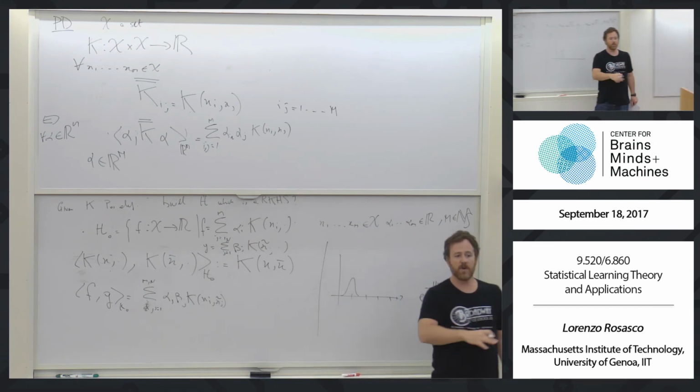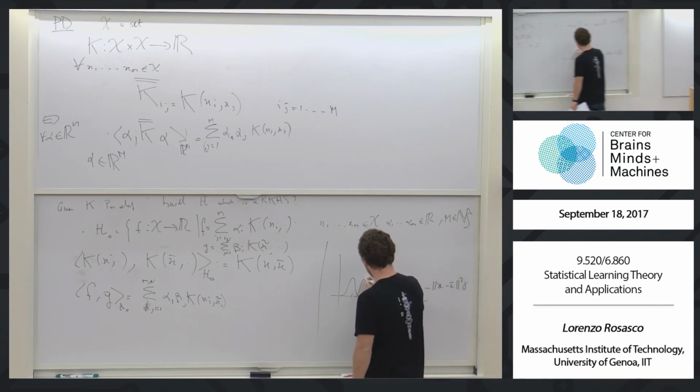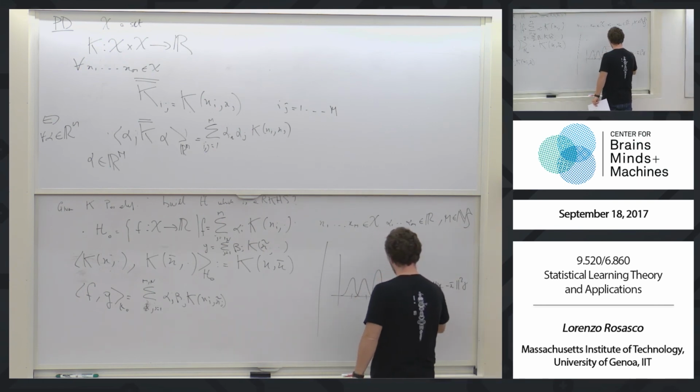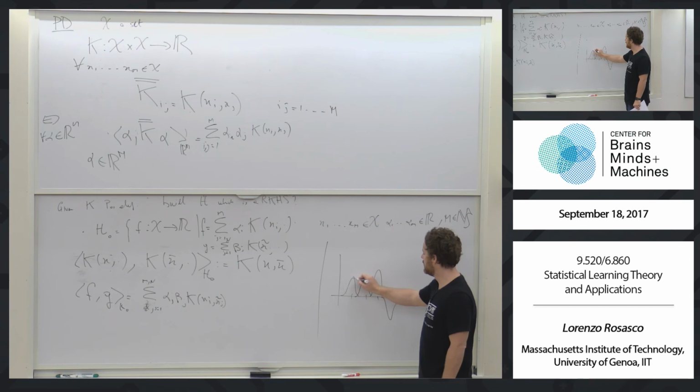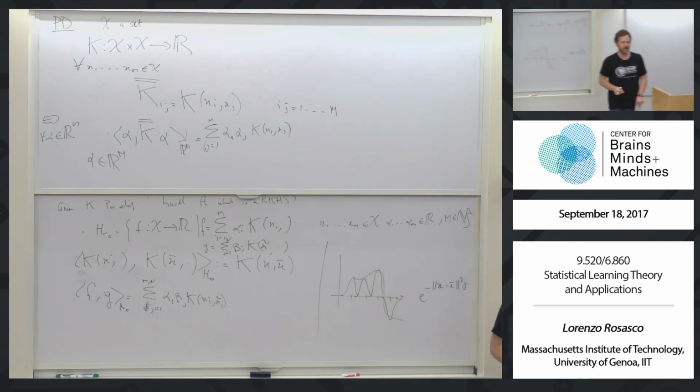As many as I want. Centered where? As many as I want. But you can now understand that you could do, for example, stuff like this. Taking that linear combination will be connecting the tips or bottoms of these mountains. So you can imagine that you have yet another way to build functions by combining these kernel functions.